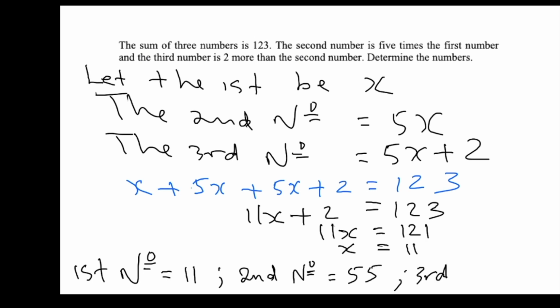Then the third number, 2 more than the second number. If the second number is 55, then the third number should be 57. Now you can check. If you take 11 and you add 55 and you add 57, the answer that you get should be 123 according to that question there.